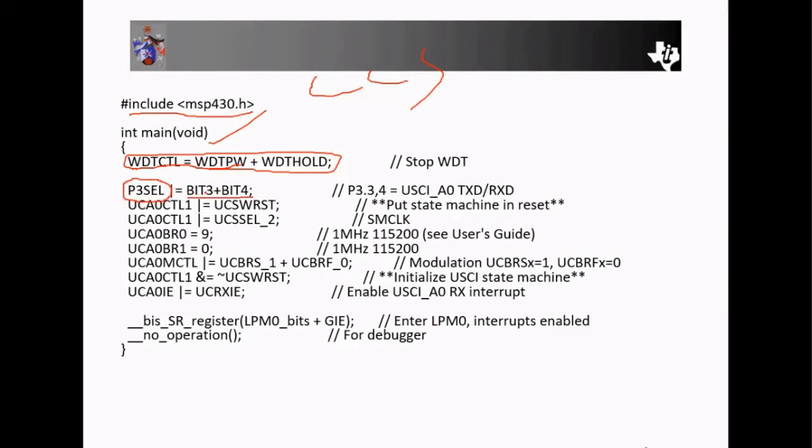Port 3, so bit 3 of port 3, that means P3.3 and P3.4 are selected. Why are they selected? Since these pins are fixed for transmitter and receiver. When you go to the lab, you will check that beside these pins, TXD and RXD are written.